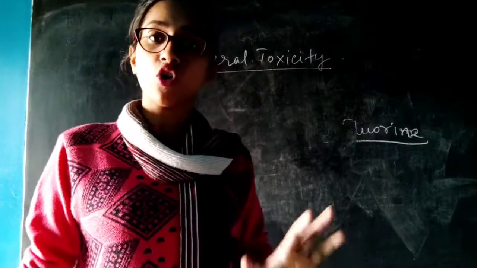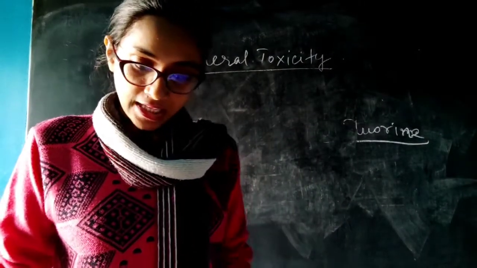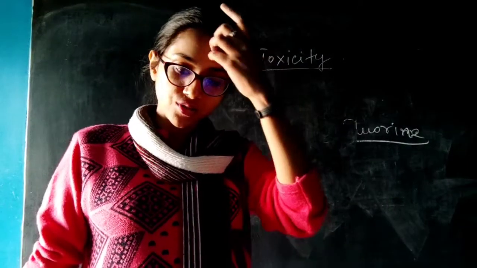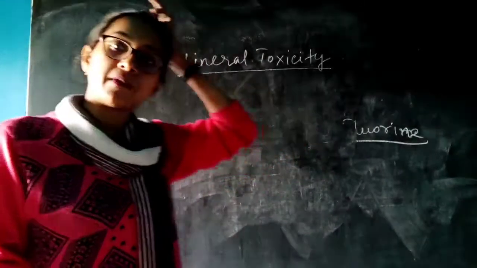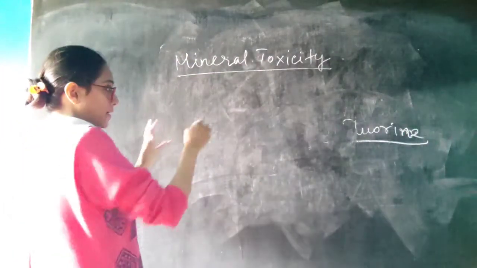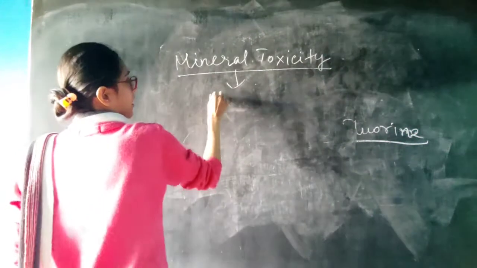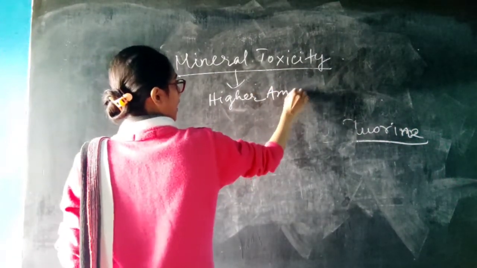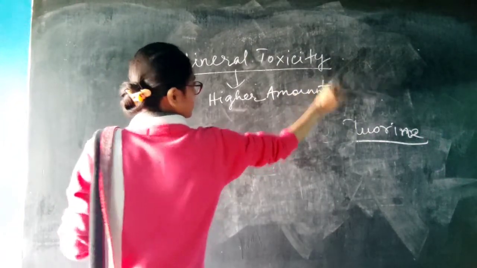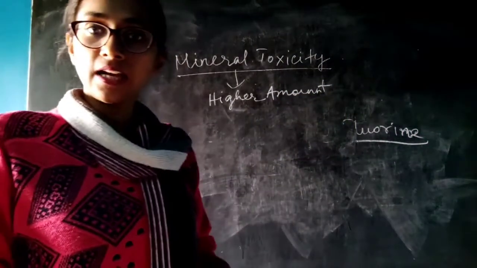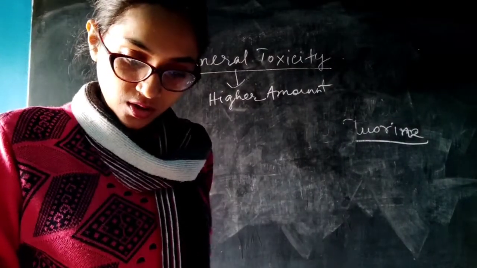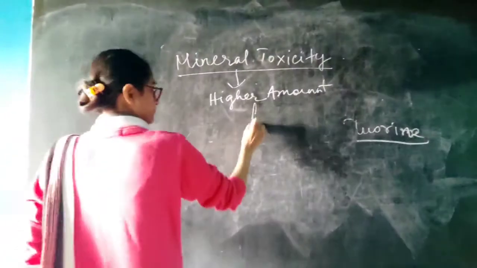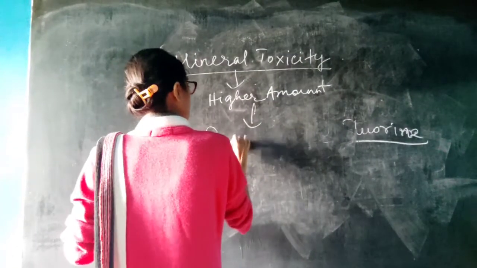So it is the toxicity caused by minerals in plant tissue due to their presence in concentration higher than the optimum amount. The minerals are present in higher amounts than their optimum level, resulting in reduction of the dry weight.